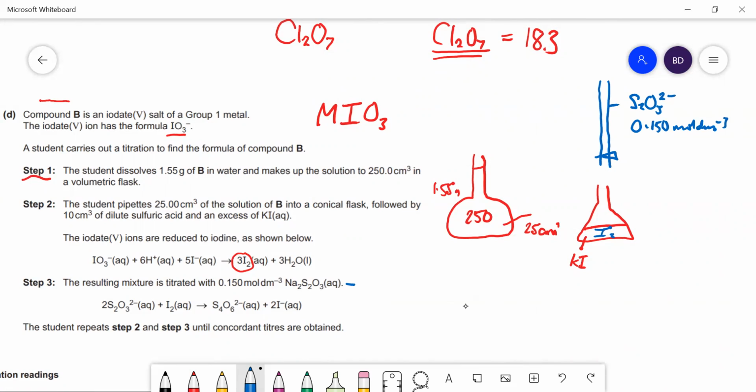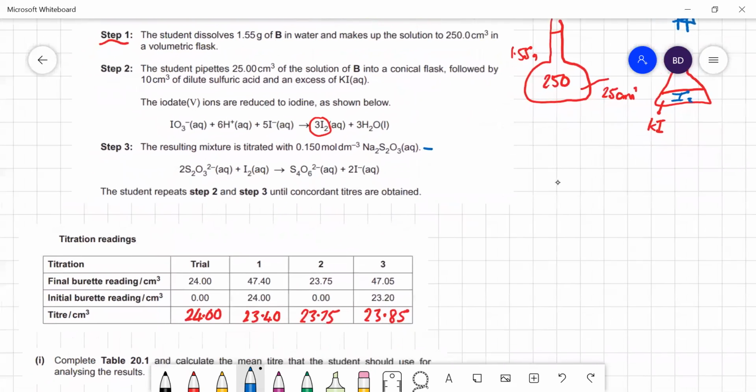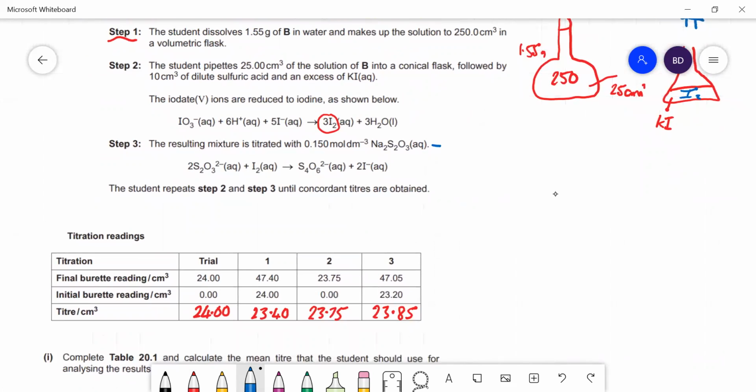And the titer, well, let's have a look at what the average titer is. Right, so it keeps repeating step 1 and step 2 until he gets concordant titers. Right, so they give you the table there, so I've just subtracted it to work out the titers. And you can see concordant titers have got to be within 0.1 of each other.